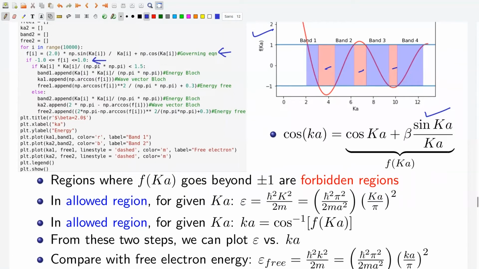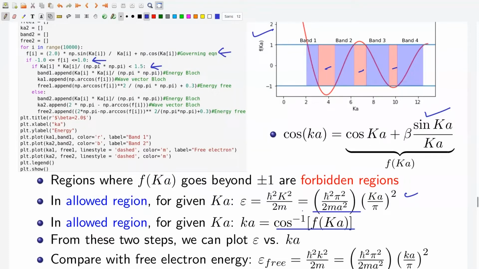If f of Ka is in the allowed region, we calculate the energy. We write the energy in this form and set this term equal to 1, such that energy is equal to (Ka by pi) whole square. In the code, we find energy in this step. For a given Ka, the wave vector of the Bloch function is given by cos inverse f of Ka.